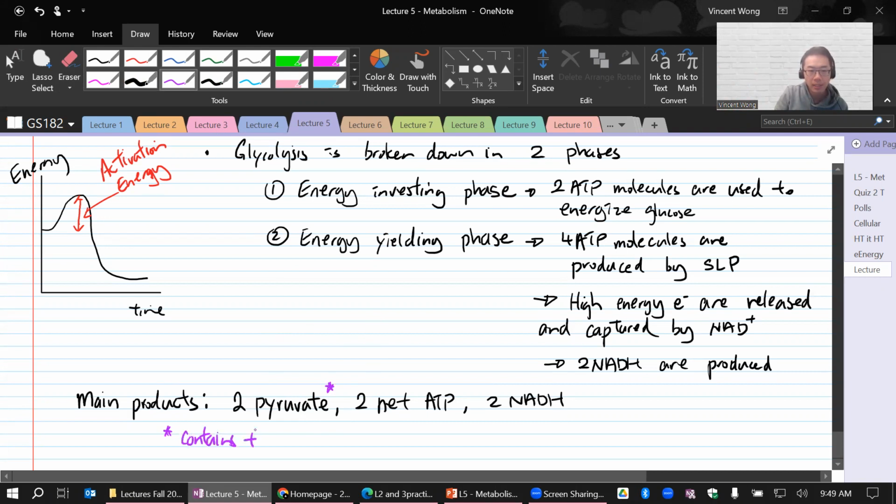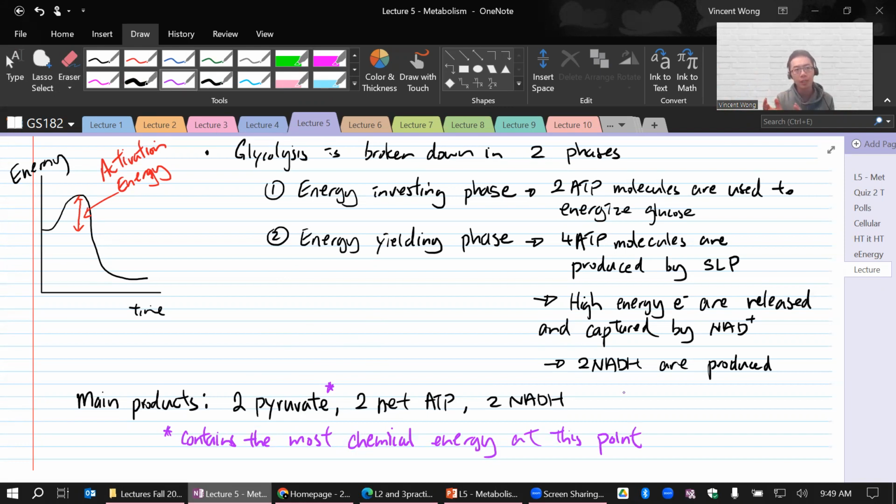Pyruvate contains the most chemical energy at this point, right? We still haven't used up all of its energy. We still can break down pyruvate further, make more ATP, right? Make more energy carriers, right?